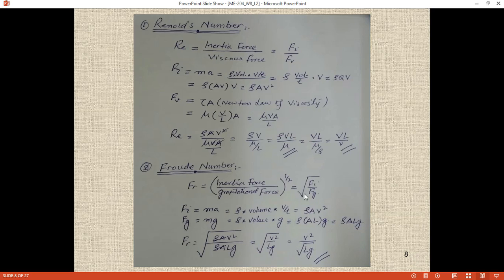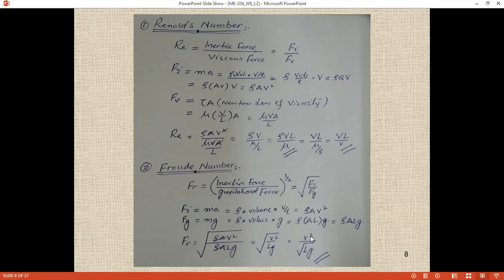So put these values in this equation. Rho A v squared is the inertia force, and rho A L g is the gravitational force. Here A and A will cancel, so v squared over L g. After the square root, it is not v squared, it is going to be v only.